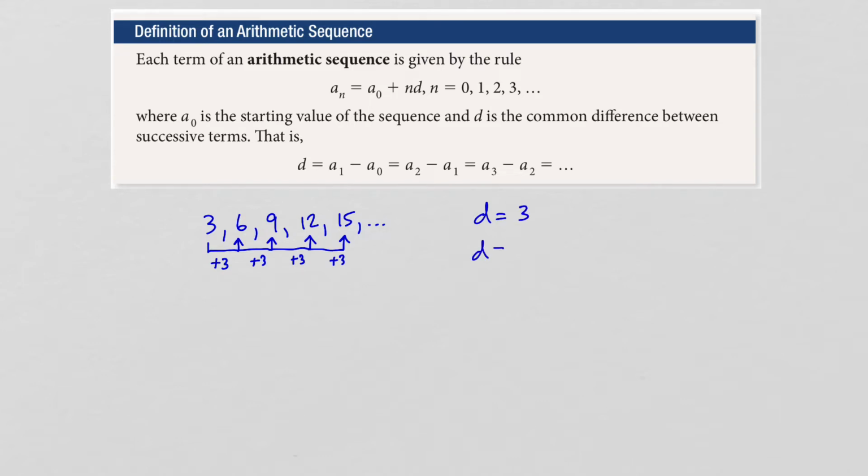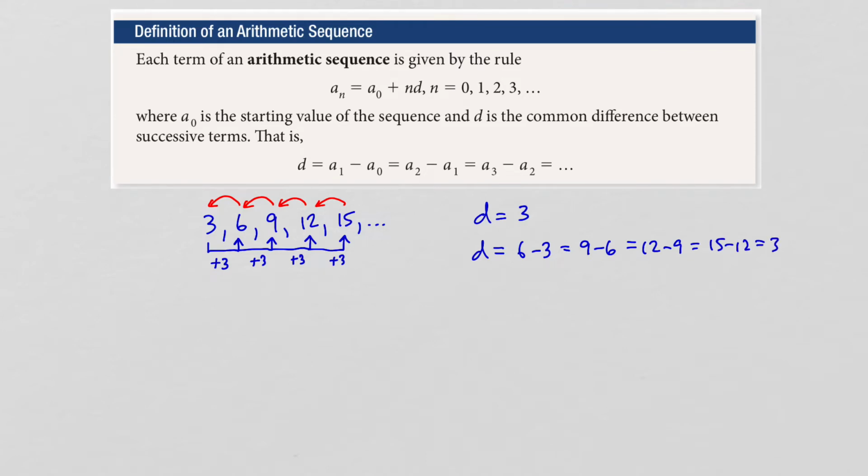So we would say that the common difference is 3. Now, another way to calculate that common difference would be to subtract any two successive terms. So notice that if we subtract 6 minus 3, 9 minus 6, 12 minus 9, 15 minus 12, and so on, these are all equal to 3 as well.